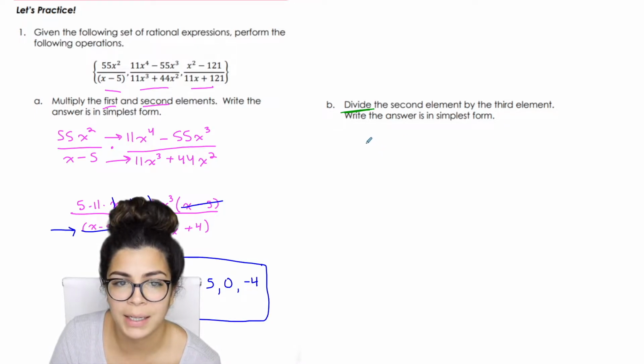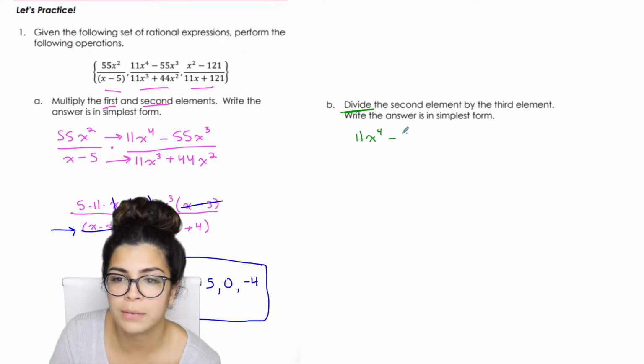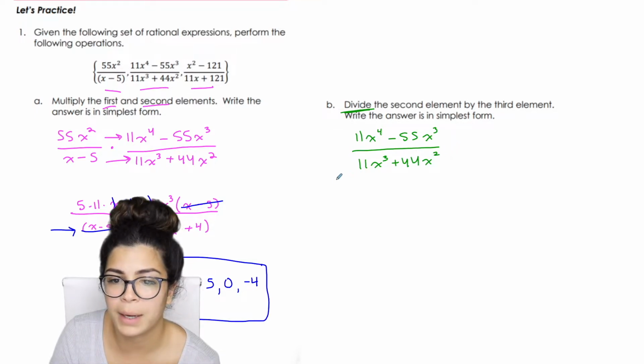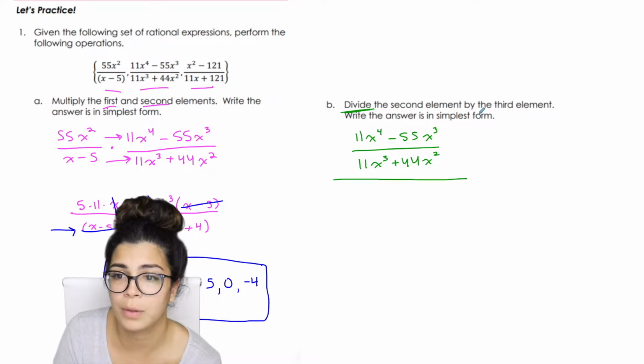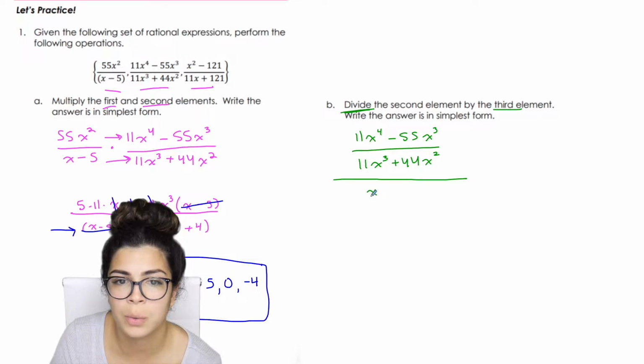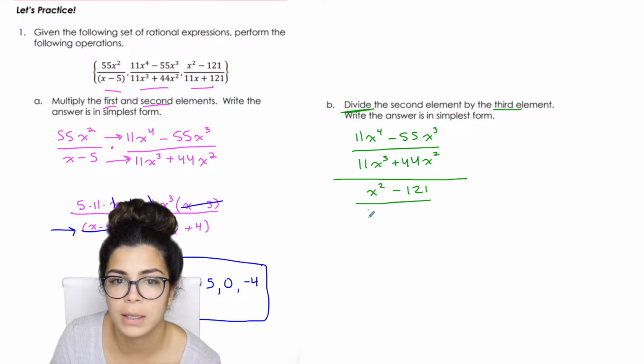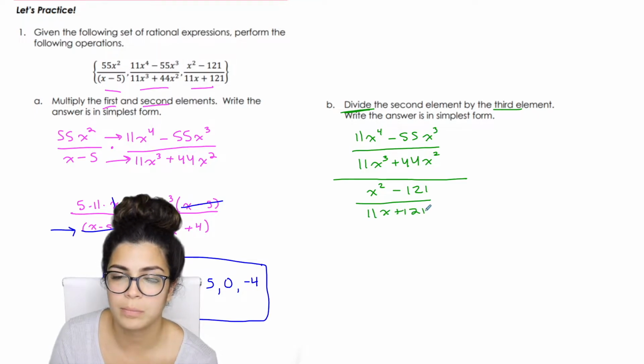So let's go ahead and divide the second element, negative 55x cubed over 11x cubed plus 44x squared, and I'm going to divide that by the third element, which is x squared minus 121 over 11x plus 121.